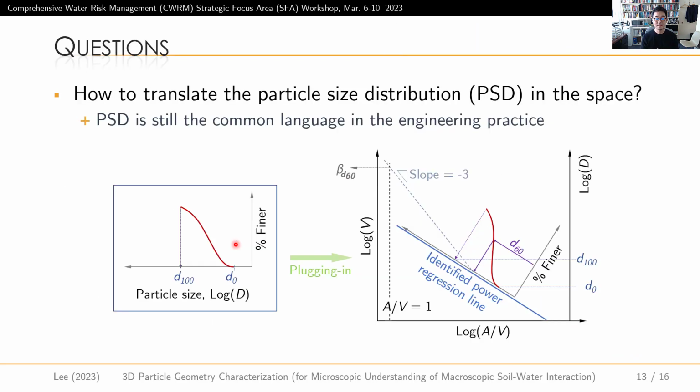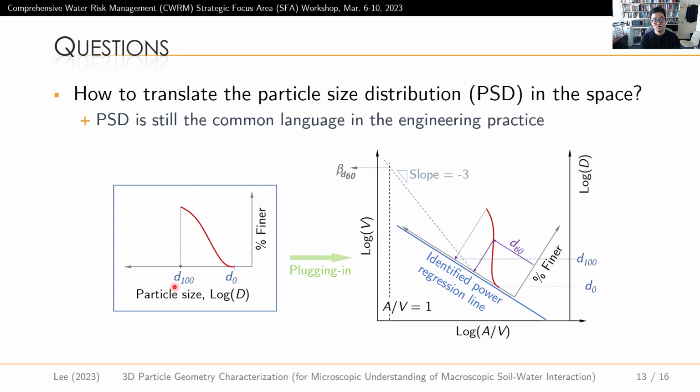Okay. Right, this is my last question. We are using particle size distribution in engineering practice. This is the common language used by practitioners. So now the question is, how can you translate this particle size distribution into this new space? That's simple, actually.